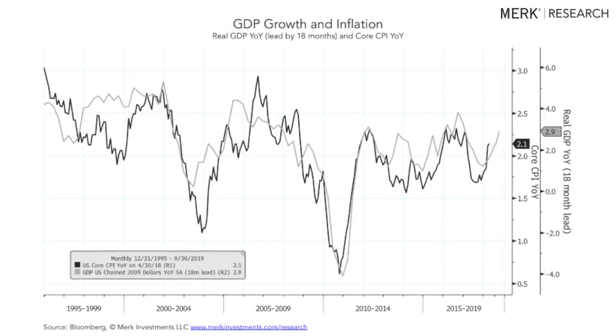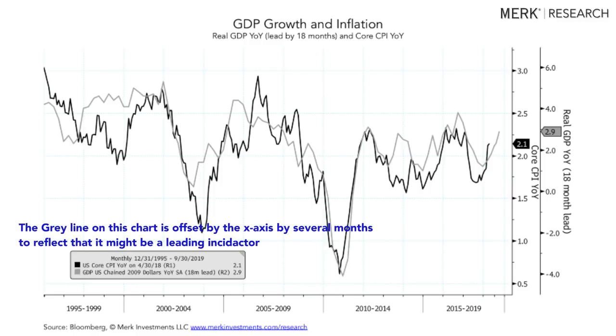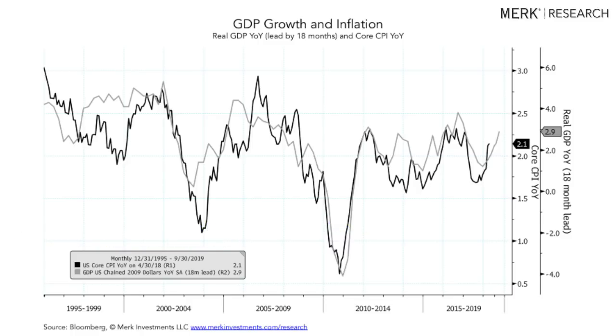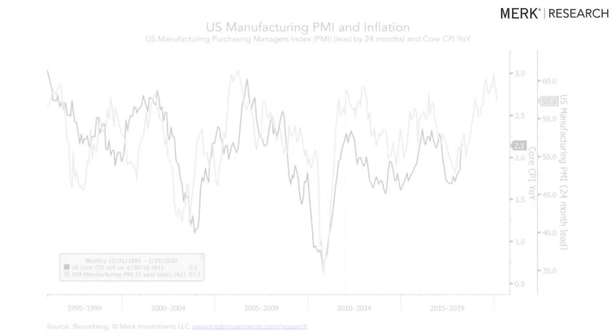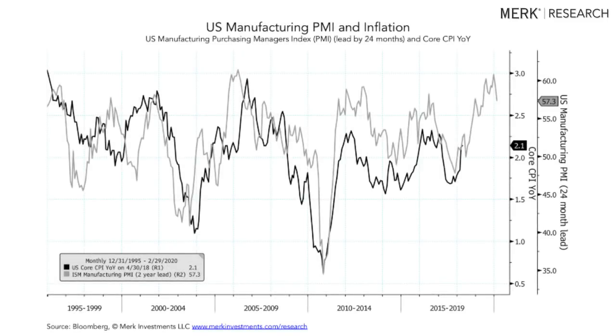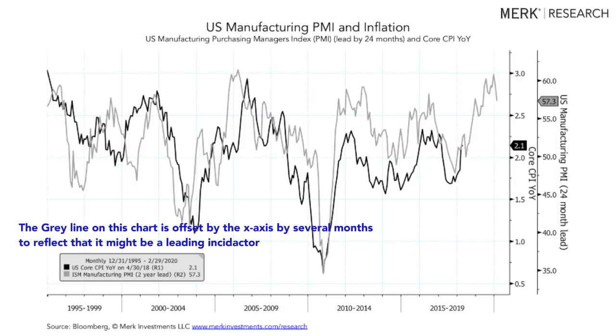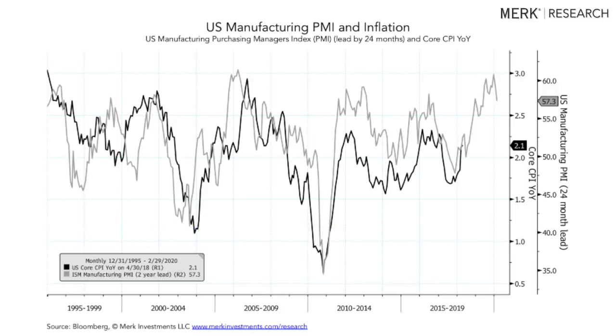And then similarly, GDP growth and inflation, the GDP year over year reading seems to act as somewhat of a leading indicator for inflation. And then consistent with that is on the following chart, U.S. manufacturing PMI and inflation. Basically here there's a 24-month lead, and that's consistent in the sense that the manufacturing PMI is thought to be a leading economic indicator in general, so this has led a little bit more than the prior chart, which showed the GDP with an 18-month lead.